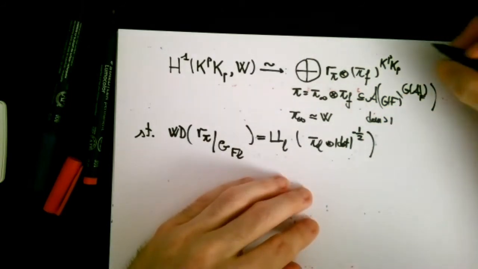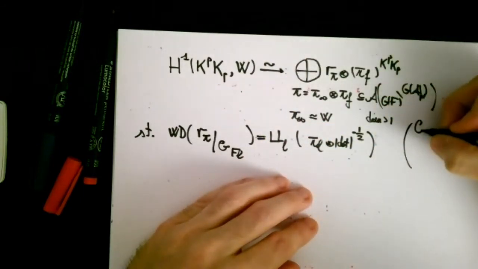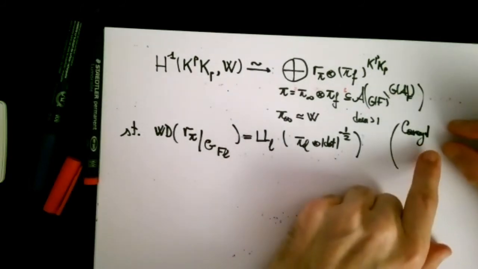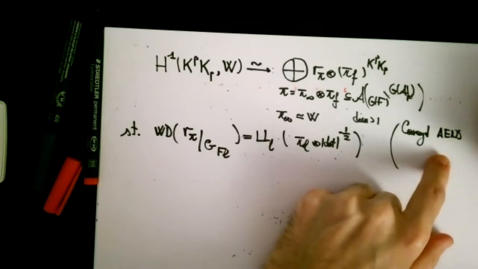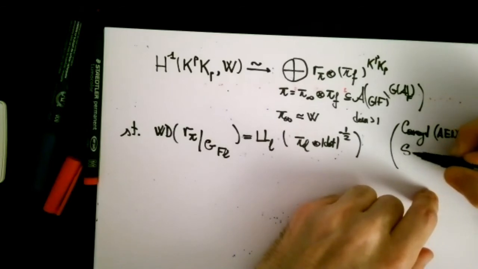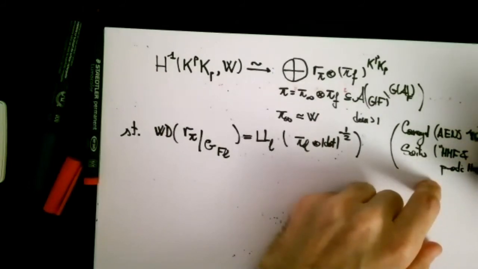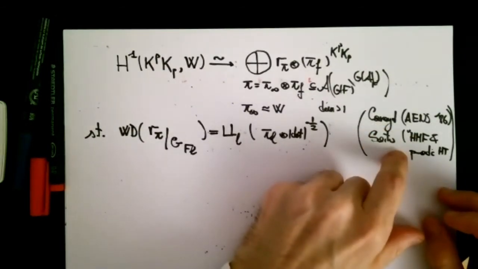So this is Carayol, his Annales de l'ENS paper of 86, and Saito. This is Hilbert modular forms and p-adic Hodge theory. So Carayol is for places outside P, and Saito for places at P.